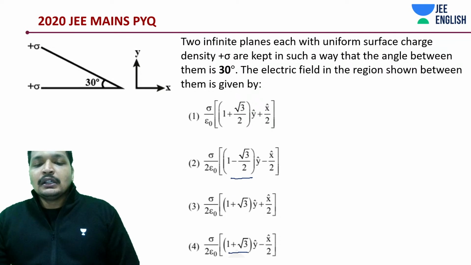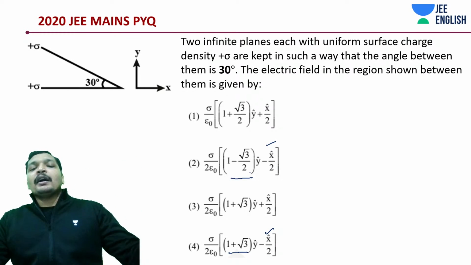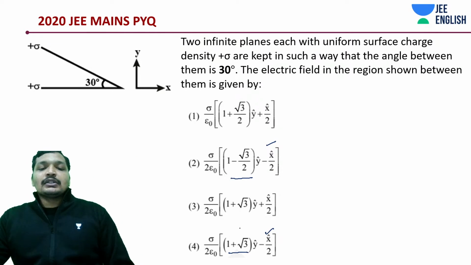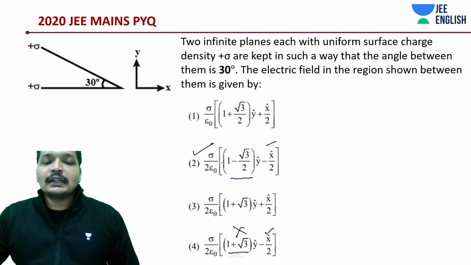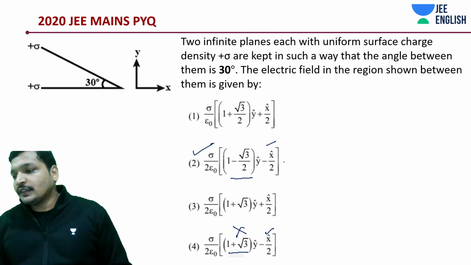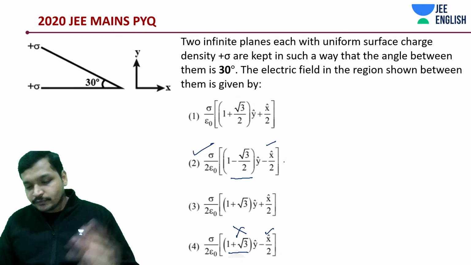Okay, so there is a positive sign, there is a negative sign. Okay, both are negative x. As far as negative x is concerned, both are ready. But now coming to the part of y, this one is not able to give the right answer, whereas 2 is correct. That's it. That's how we did it. We didn't complicate it much. That's how we should be proceeding in your exam.